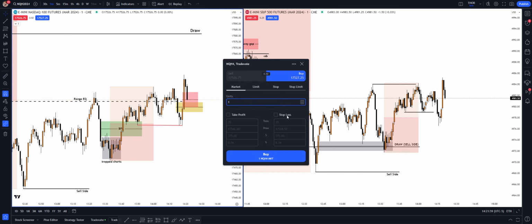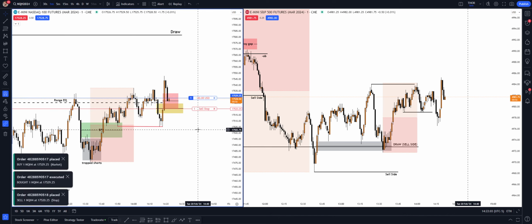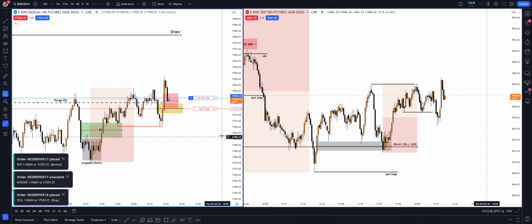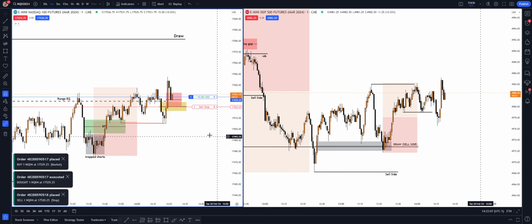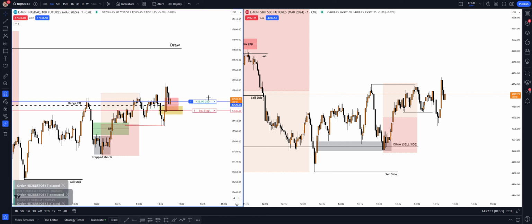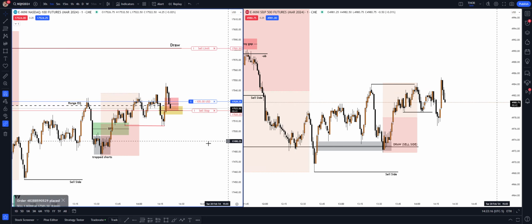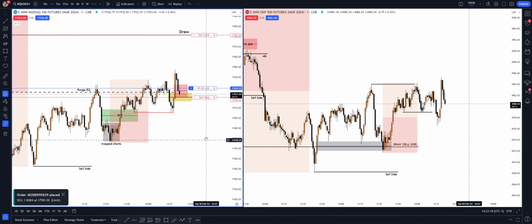I'm gonna go long here since we are in EQ again. 12 handles stop loss. This is my second attempt for this draw here. Let me put that. Oh, that's ugly.